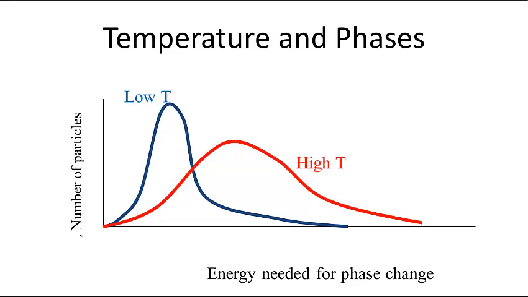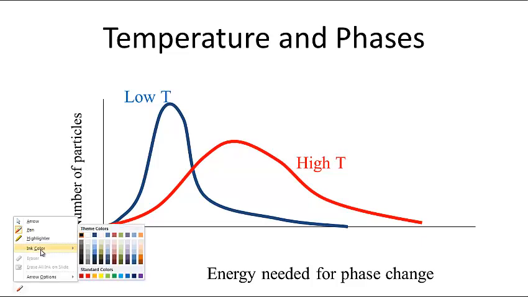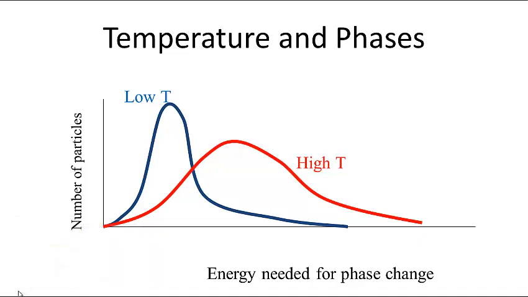We can imagine this situation and how it would be different if there were stronger or weaker intermolecular forces. So on this slide, let's consider what if the intermolecular forces are stronger.